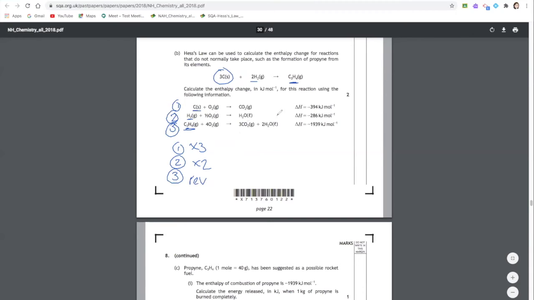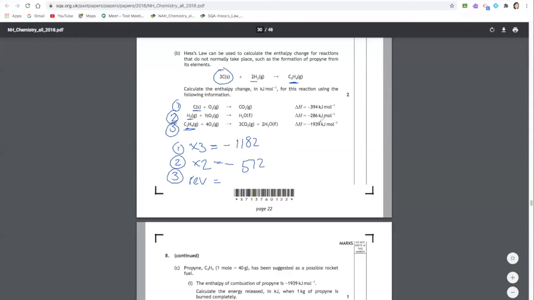So if we change those energies, 3 times 394 for reaction 1 comes out as minus 1182, still negative. And then 2 times negative 286 is minus 572.